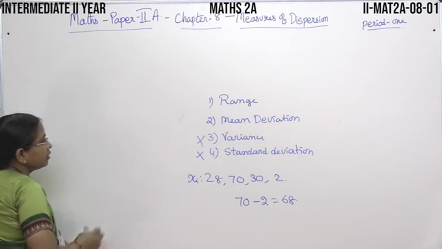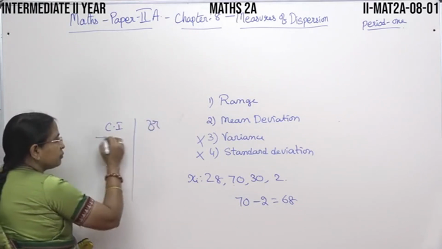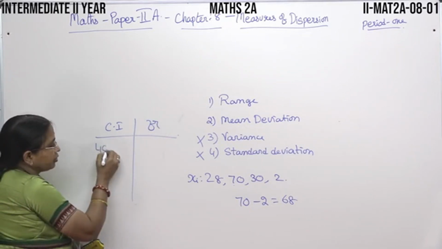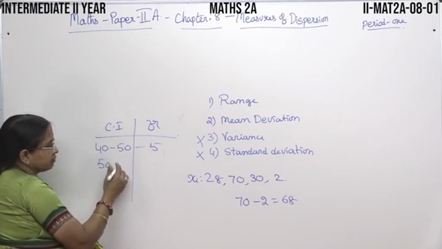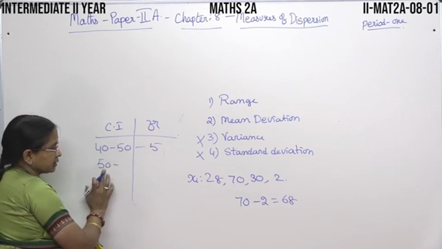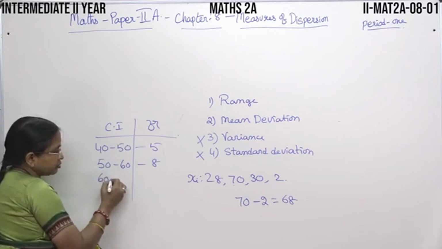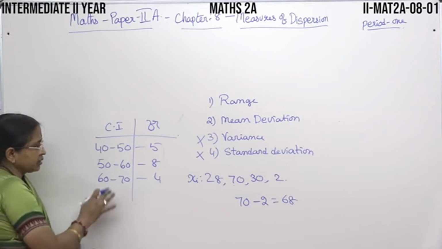Now suppose you have class intervals and then frequencies like this. Suppose the data is grouped data: 40 to 50, some 5, then 50 to 60, some 8, 60 to 70, some 4. These are class intervals. This is the lower limit and this is the upper limit of the first class.